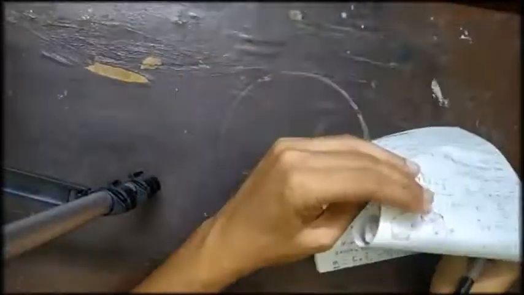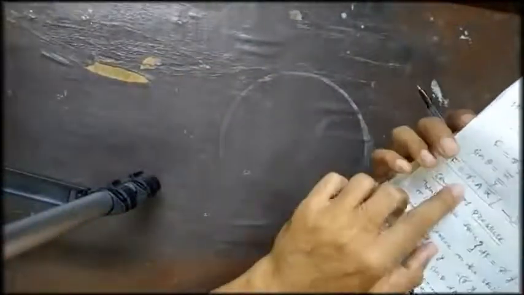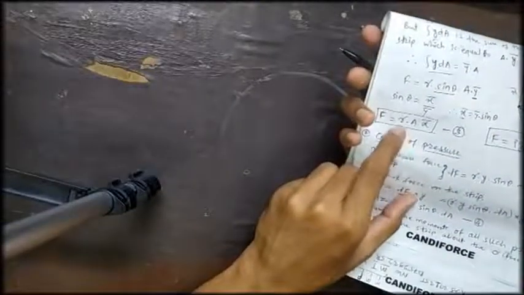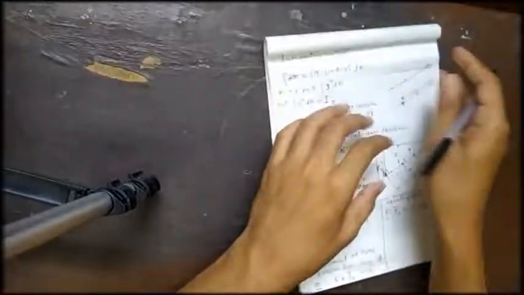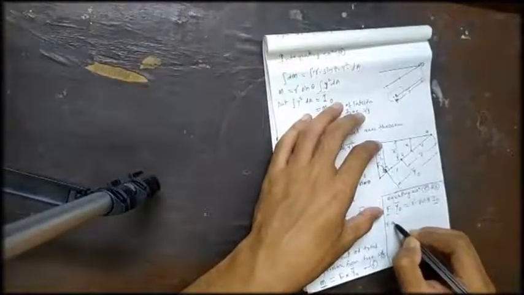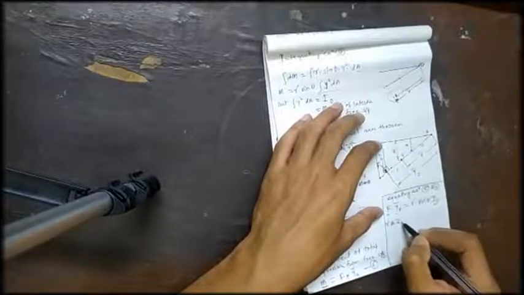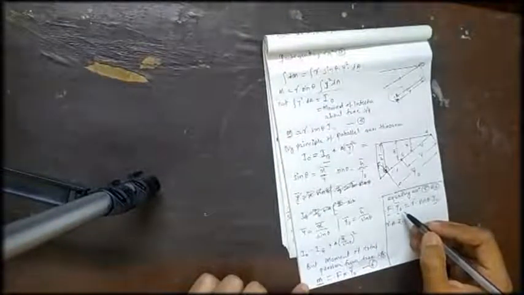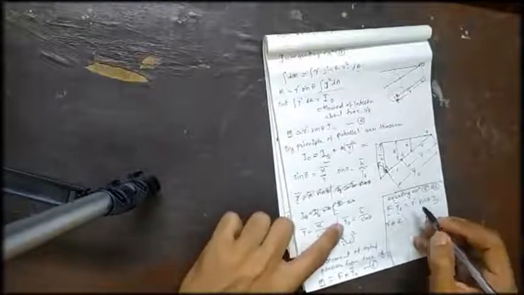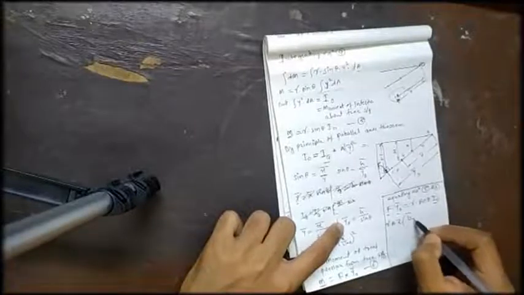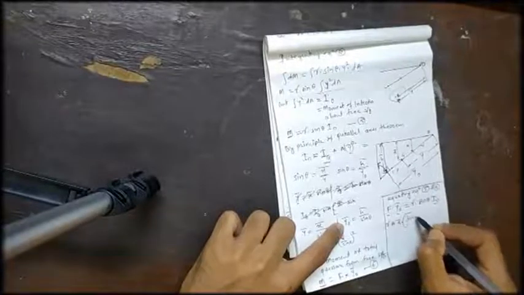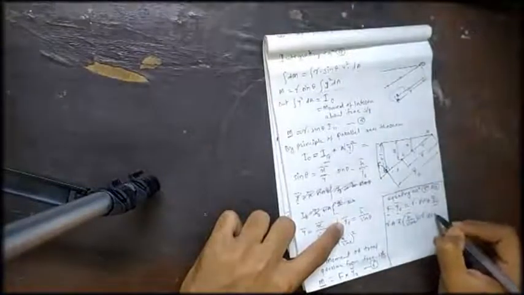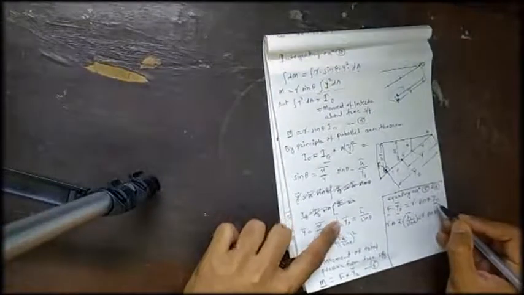F is equal to gamma into A into x bar into y0 bar. Now y0 bar is nothing but h bar upon sine of theta, which is equal to gamma into sine of theta into the equation of IO.